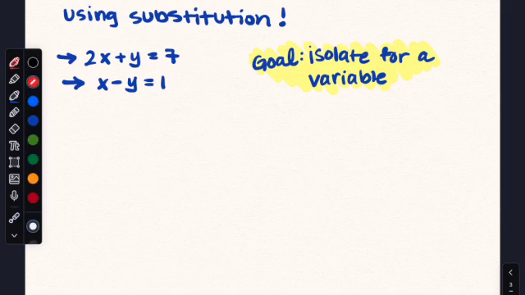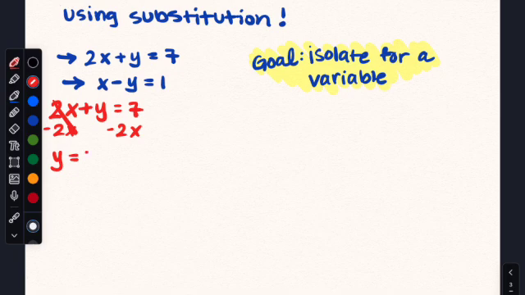So starting off with 2x plus y equals 7. If I were to isolate for y, I would just do minus 2x to both sides. And I end up getting y equals 7 minus 2x. Now if I were to take x minus y equals 1, and if I were to isolate for x, I would have to do plus y to both sides.